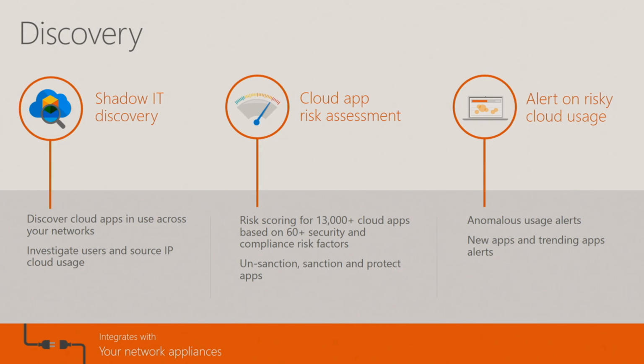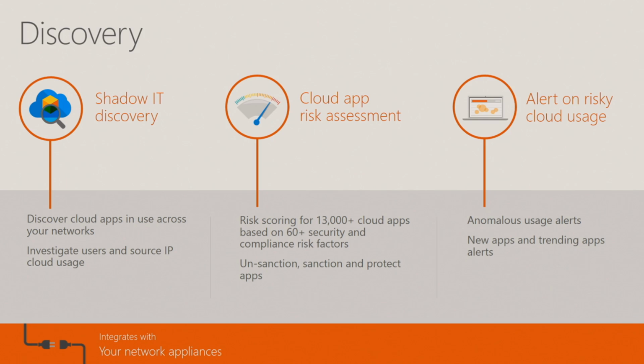But seeing usage isn't enough. You want to know more about the application. You want to know, is it risky or isn't it risky? What does it do? You have 13,000 cloud applications that Cloud App Security can identify today in your discovery process. 13,000 applications.